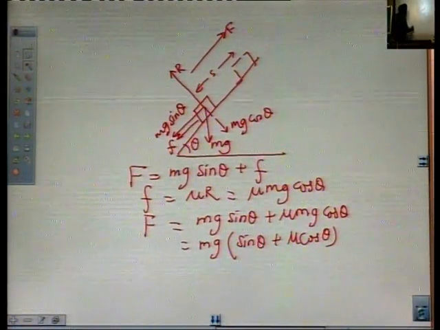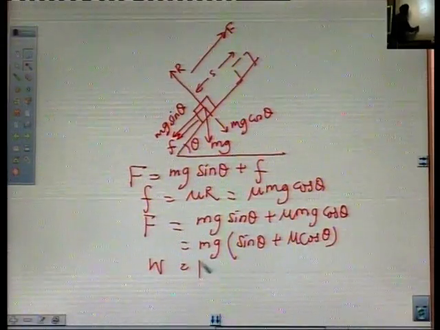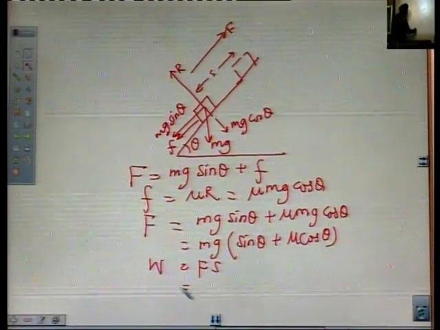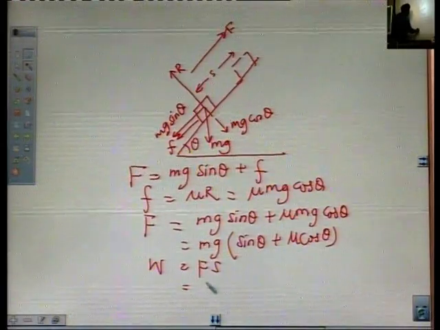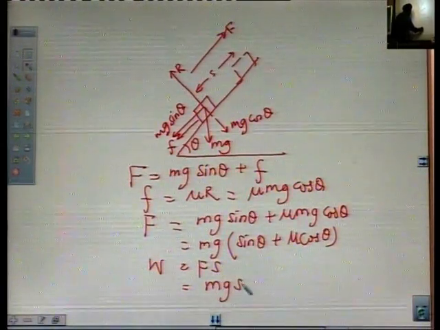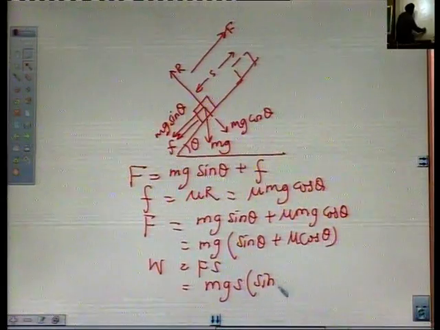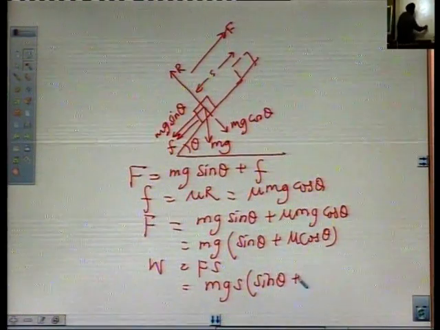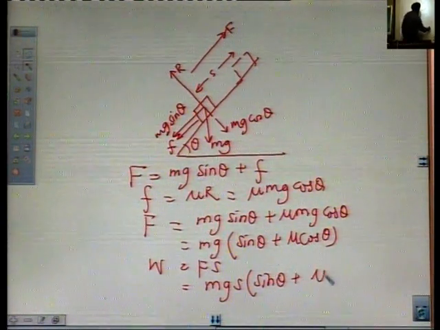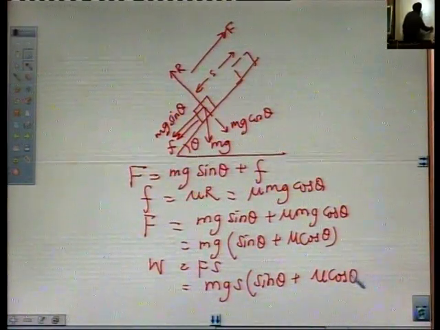Now, the work done to move the body through a distance s is given by F into S. So, work done will be mg s (sin theta plus mu cos theta).